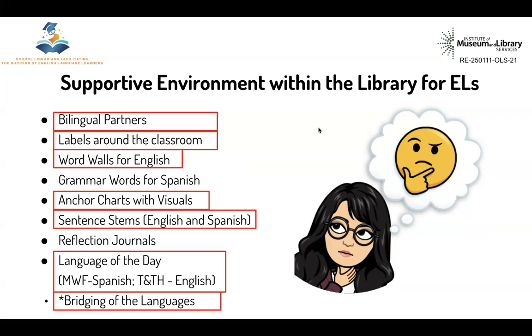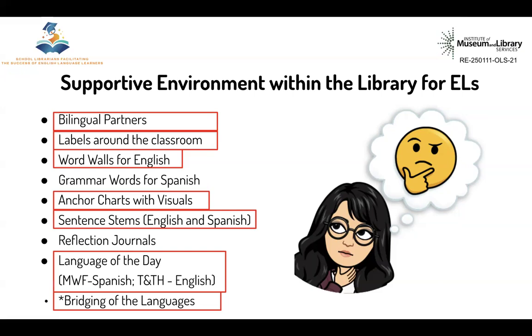I can definitely see myself doing bilingual partners in the library for any major big projects or collaboration lessons that I would do with teachers, that can help students support one another. Definitely the labels around the classroom, and in this case, it would be the library.